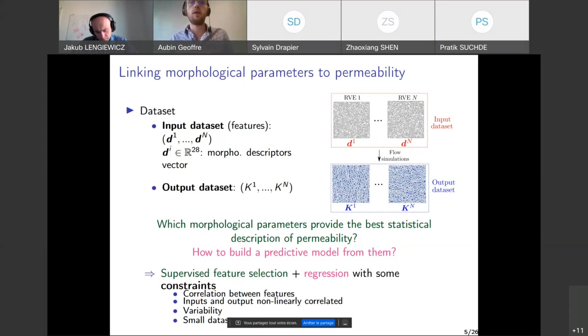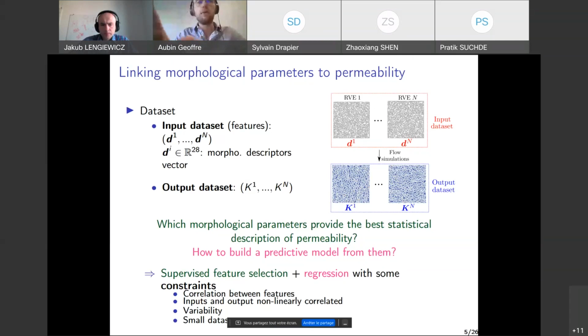For example, we can have a correlation between the features: if we have a high number of fibers, then the distance between neighbors will decrease, and so on. We have a potential non-linear relation between the inputs and the outputs. We also have some variability and a small dataset because the data are quite expensive to obtain.